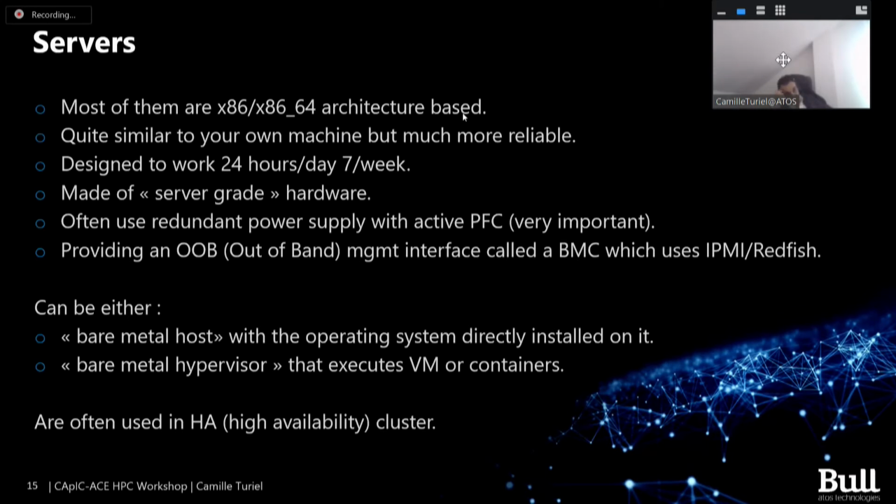It must be seen as a server inside the server. This one is embedded and is running in a totally isolated way and is out of band. It means that it has the ability to wake up the server, to stop it and to interact with it.